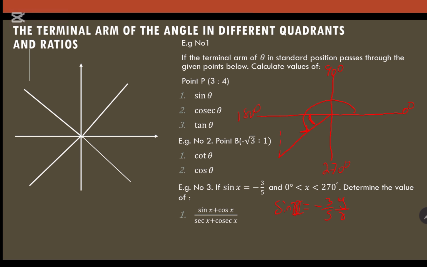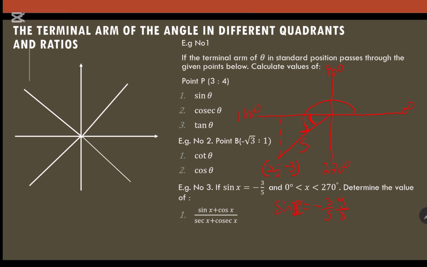So we simply complete our right angle triangle like that. And therefore, the coordinate of this point, we don't know the value of x, but we know the value of y is -3. We also know the radius is 5. We just need to use Pythagoras to calculate the value of x.